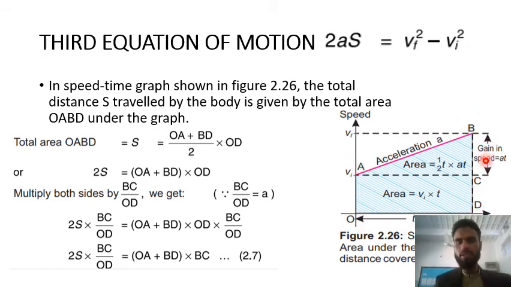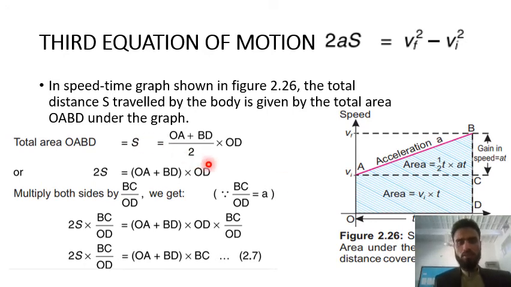The total area under the graph is a trapezium, and we know that to find the area of a trapezium, it is equal to the sum of the parallel sides. This side and this side are parallel, so the sum of parallel sides divided by 2 and multiplied by the perpendicular side, or this side, base, right?